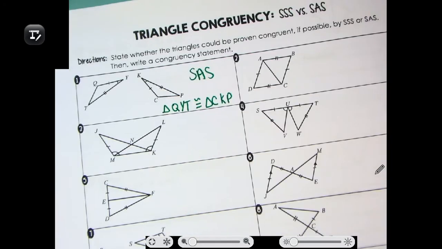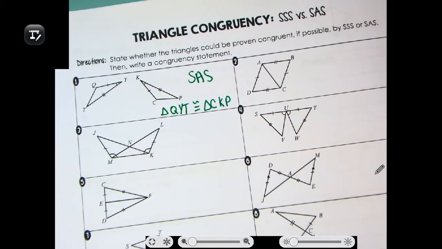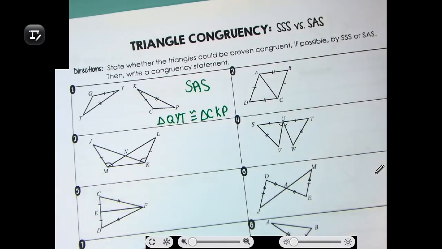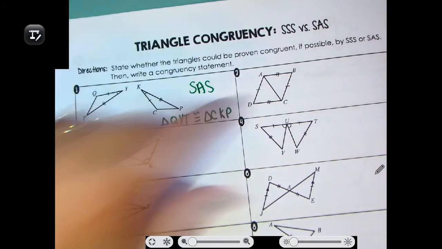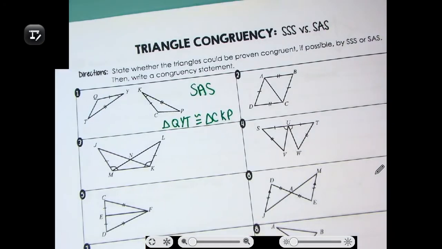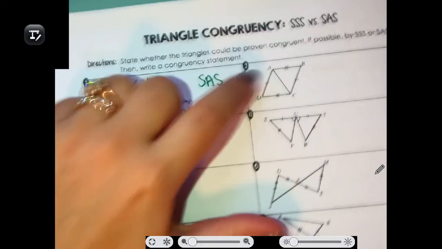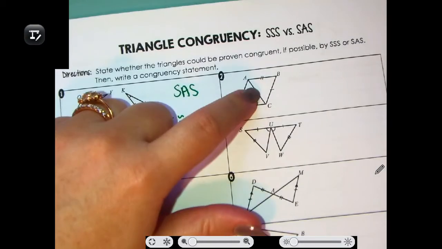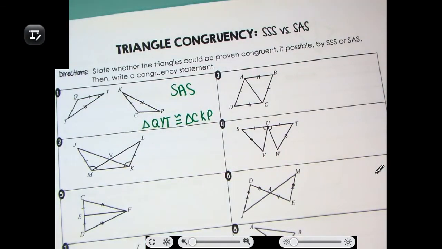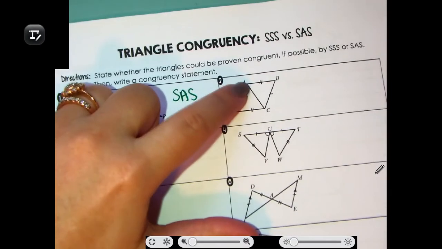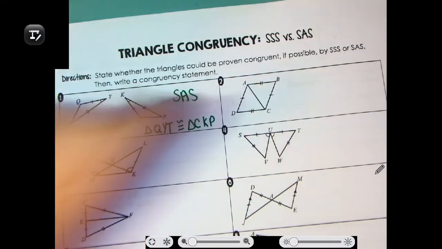All right, so that's what we're doing for these ones. We're just saying, can we prove them? If so, how? And then write the statement. So let's look at number 2. I have side and side, a side. Now, could I prove that that side is congruent? Yes. So I could prove that all 3 sides are congruent. Even though it's not marked, I know with my knowledge, I've seen examples of writing proofs, and I've seen how we would say that a line is congruent to itself.